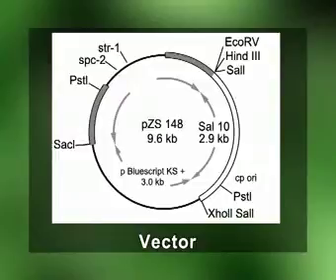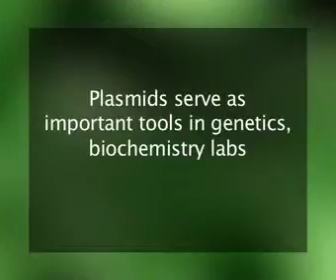They are used to transfer genes from one organism to another and typically contain a genetic marker conferring a phenotype that can be selected for or against. Plasmids serve as important tools in genetics and biochemistry labs, where they are commonly used to multiply or express particular genes. Many plasmids are commercially available for such use.